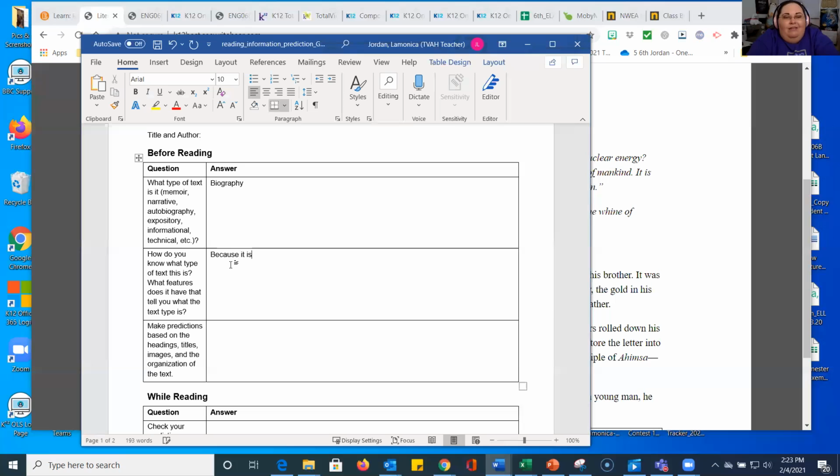Because it is about a real life person and is based on facts. It could be a historical fiction, but I kind of doubt it. We can go back in and change it if it turns out to be. Make predictions. It's going to be about Gandhi. And I have to see how to spell his name.